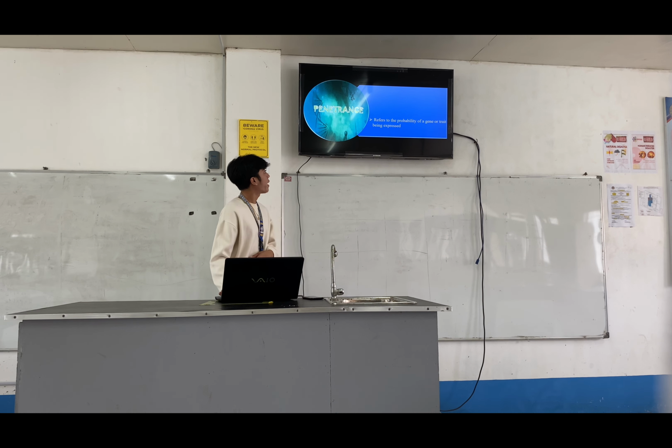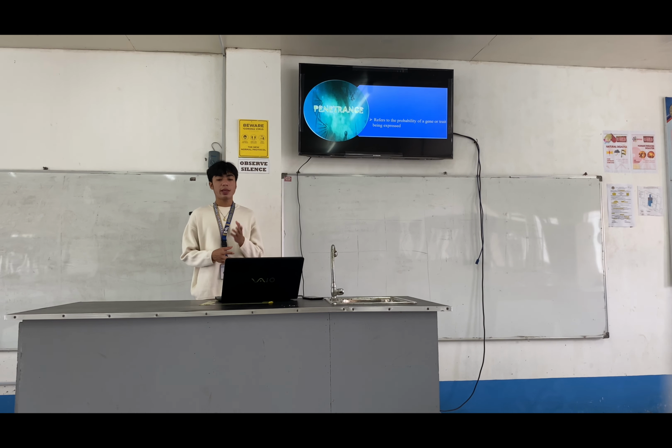Next is penetrance. It refers to the probability of a gene or trait being expressed. In some cases, despite the presence of the dominant allele, a phenotype may not be present.